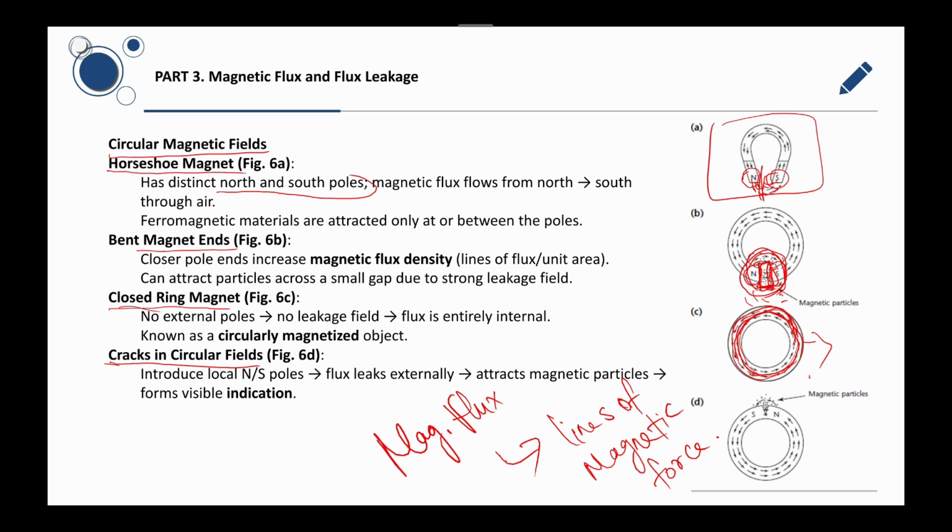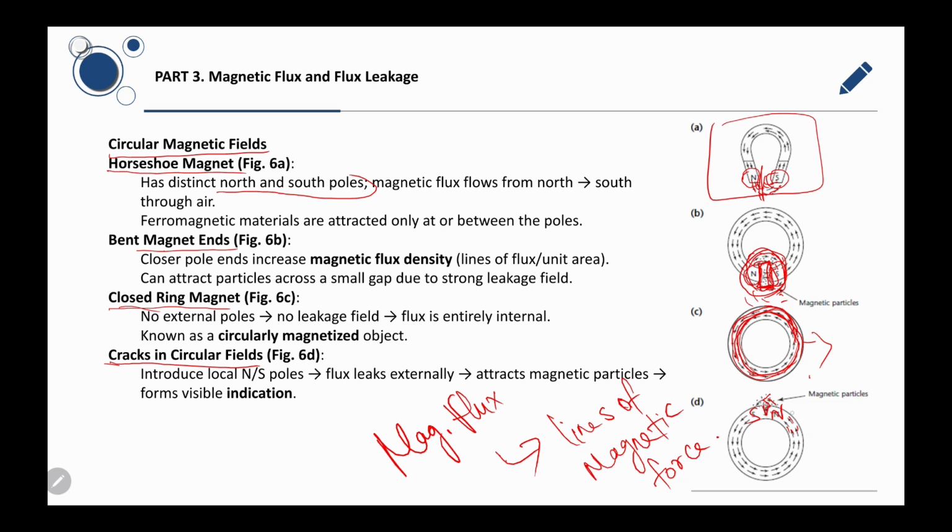Now, what happens if there is a crack in this closed ring? This crack acts like a tiny air gap in the magnetic path. This is the magnetic path. This is a tiny air gap. Remember, magnetic lines of force prefer to travel through ferromagnetic material, not the air. This air gap forces the magnetic flux to exit the material, creating local north and south poles at the edge of this crack.